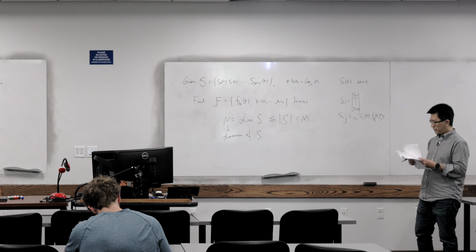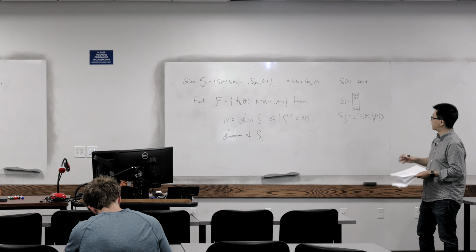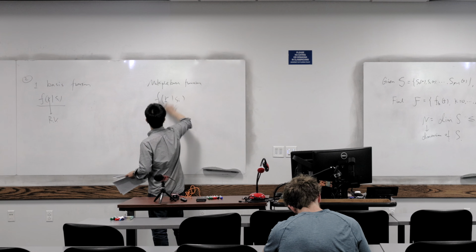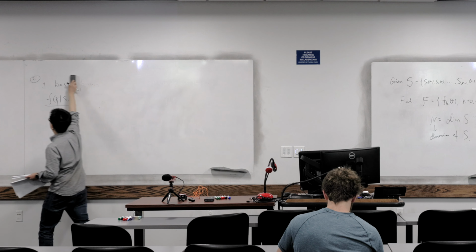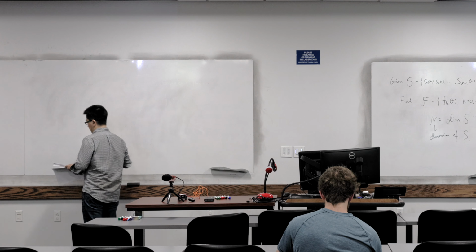Now let's see how we can design our receiver. Let's draw it here. It will be pretty much the same as before. The only difference is that we need to project our received signal on all the bases.